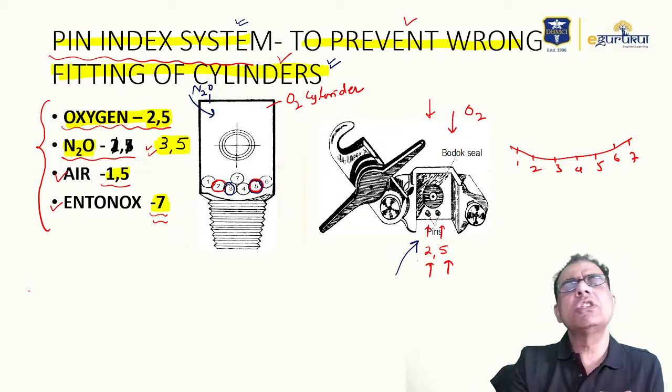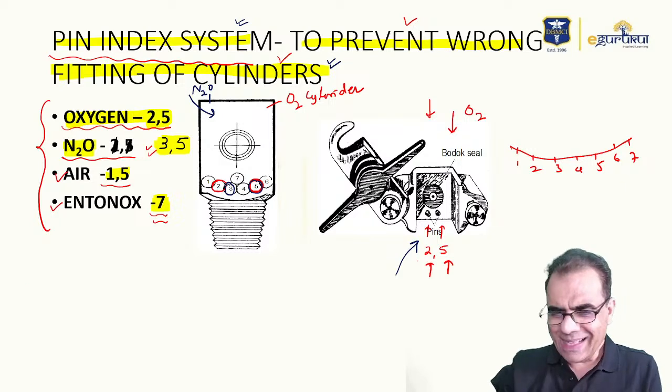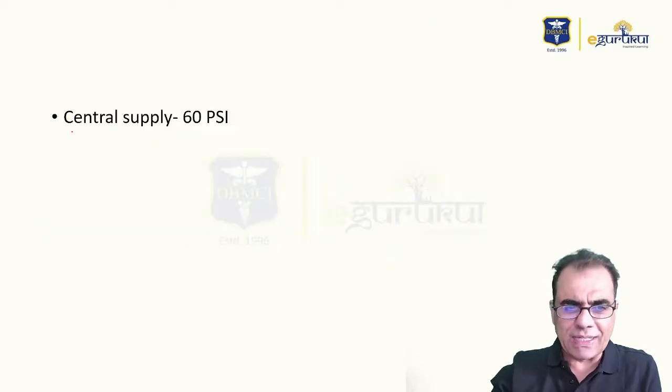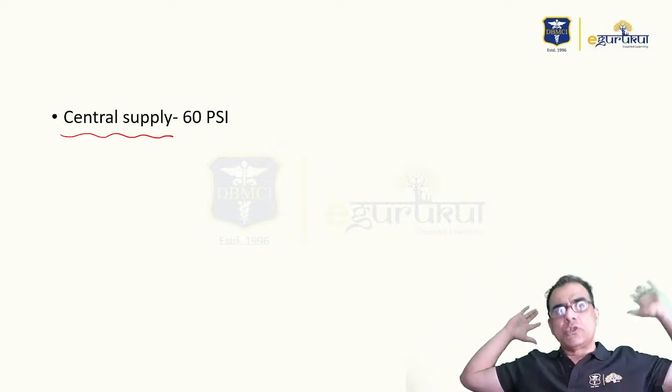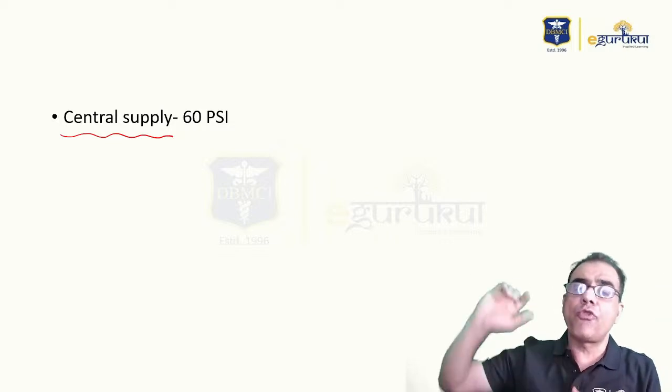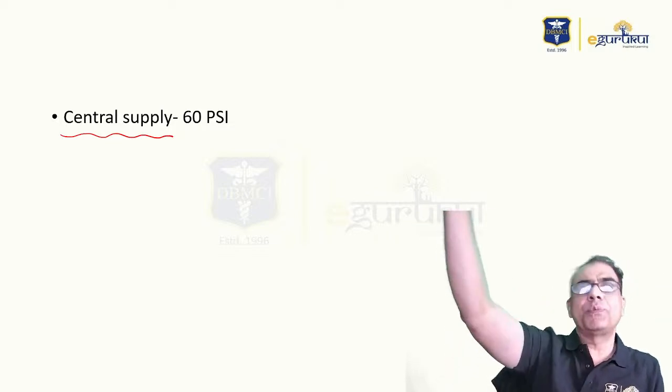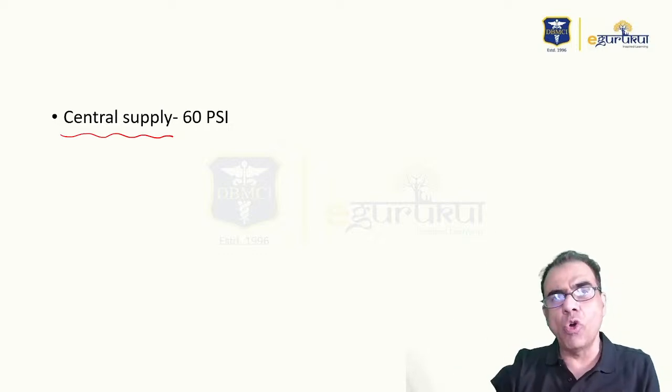So this is one source of gases. The second source of gases is central supply. Central supply means there is a central supply room which is storing large volumes of gases, and from there, through pipes, the gases are directly delivered to the operation theatre.